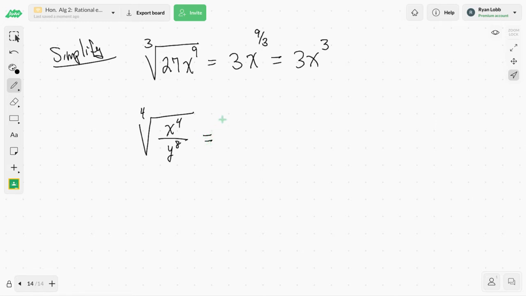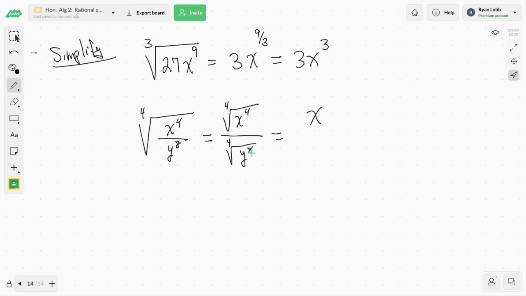Well, here we have the fourth root of x to the fourth, and the fourth root of y to the eighth. And you say, what's the fourth root of x to the fourth? Well, it's just x. Keep in mind here, I got 4 and 4. They're the same, and they're both even.